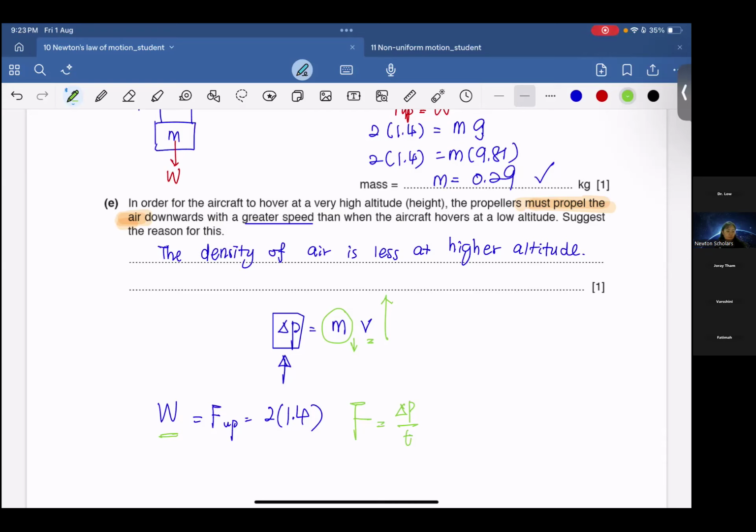Is it okay? The mass of the air particle is actually less, less air particle already. If okay, then let me know. If okay, then you type yes.